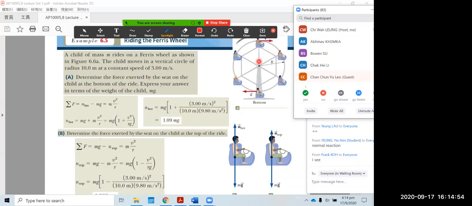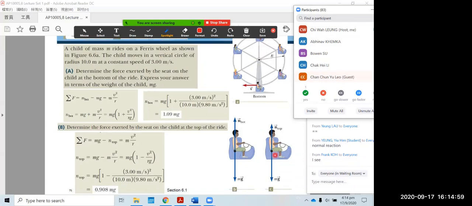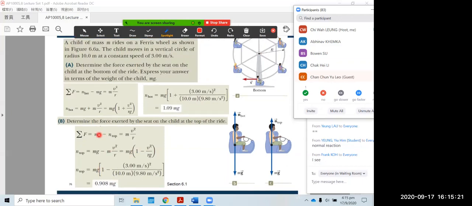What about at the top of the ride? At the top of the ride, we still have this force diagram, weight and N top. But this time, the weight would win over N top, because the centripetal force is pointing towards the center of the orbit, and it is underneath the boy. So here you will see mg minus N top, which points upward, is equal to mv squared over r.